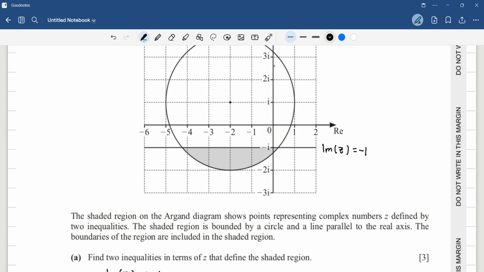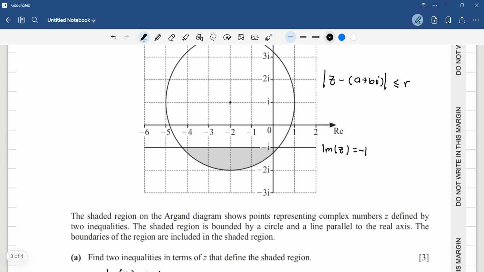For the circle, the basic form of the circle's equation is modulus of z minus (a plus bi) less than or equal to the radius, where a and b denote the center of the circle.